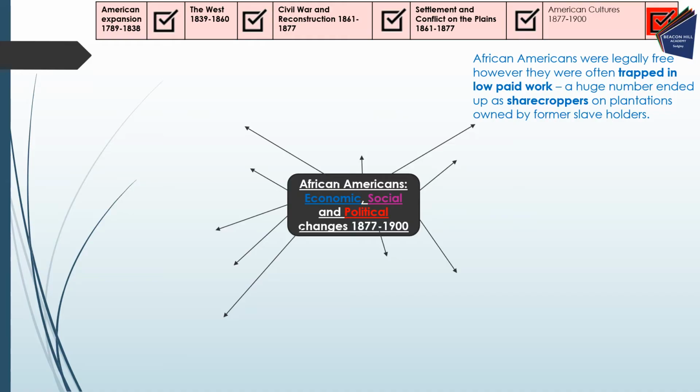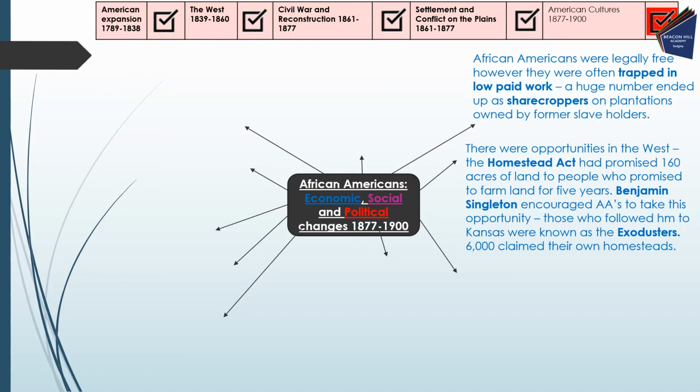There were opportunities in the West. So, for example, the Homestead Act, which had promised 160 acres of land to people who farmed it for 5 years, was open to African Americans as well as women. And somebody called Benjamin Singleton encouraged African Americans to take this opportunity. Those who followed him to Kansas were known as the Exodusters, and 6,000 claimed their own homesteads.